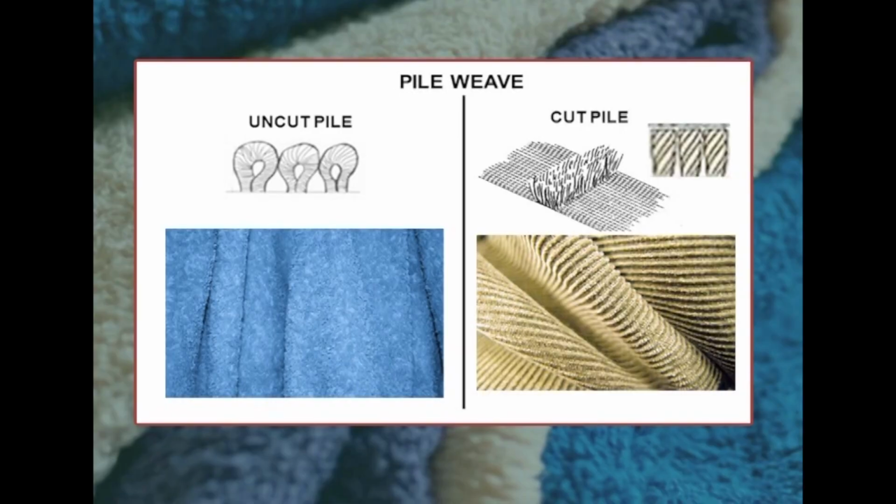These loops are left like that, or they may be cut in order to produce more softness and more luster, as in velvets, and they become cut piles in that case. If they are left like that, as in Turkish towels, we call it an uncut pile.